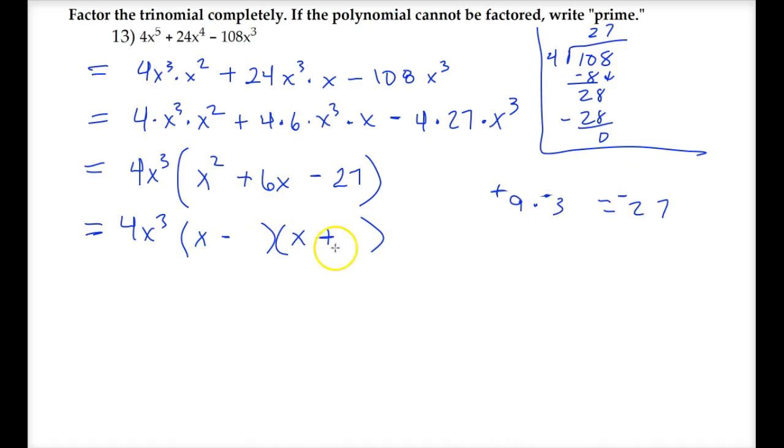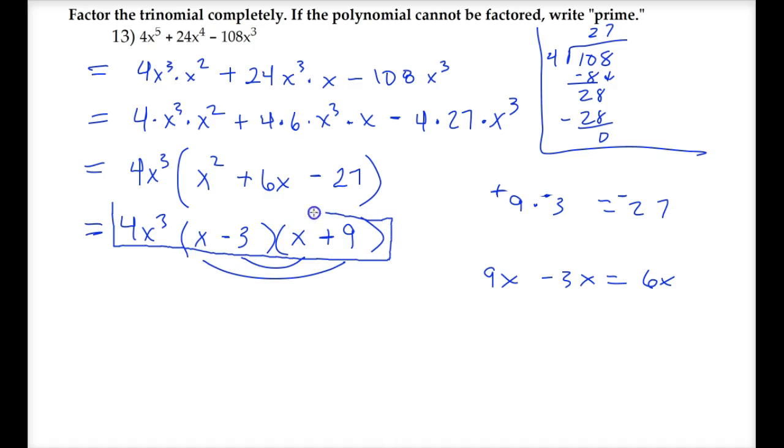And so what that means here is that 9 must be here and 3 must be there. And so, of course, to check this out, we can always check the two middle terms here. x times 9 is 9x, and negative 3 times x is a negative 3x, and that equals positive 6x, so we're good. And so this will actually be our answer here.